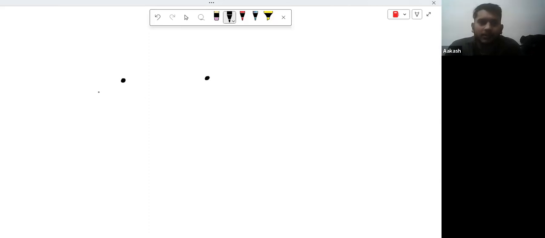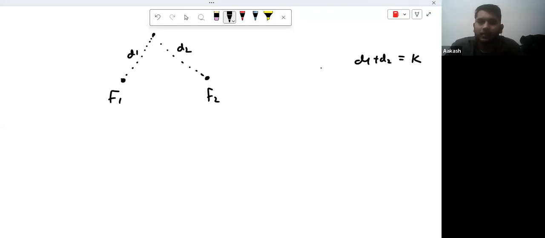In this plane, there are two fixed points, foci, F1 and F2. Now they're saying all points in this plane where the sum of distances, if you add these two distances, d1 and d2, should be a constant.